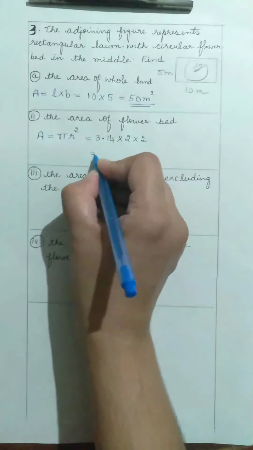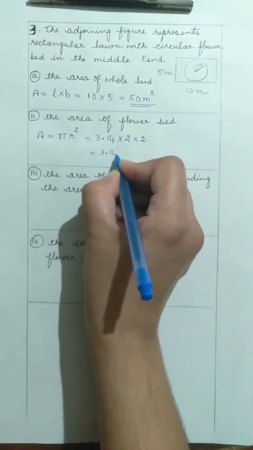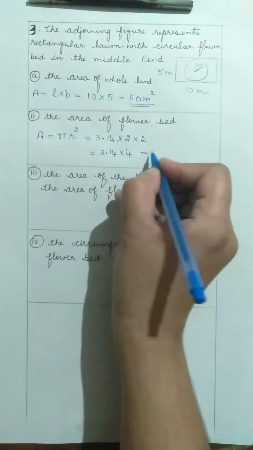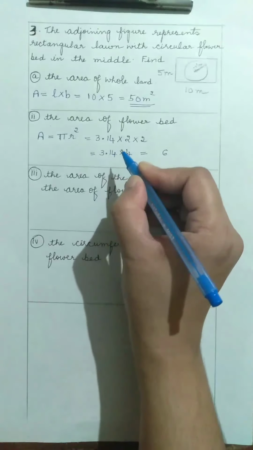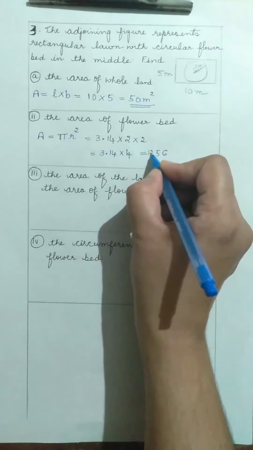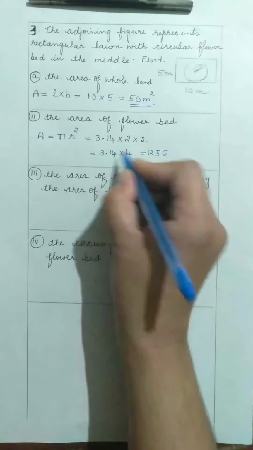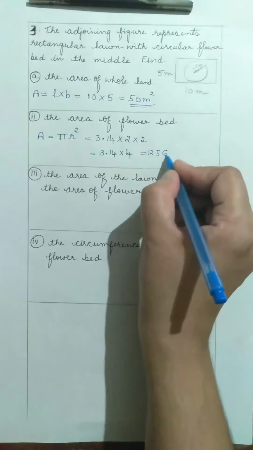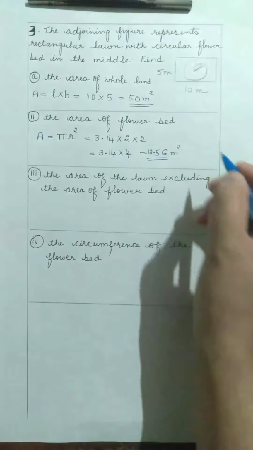On further simplification, 3.14 into 2 2s are 4, 4 4s are 16, 1 is remaining, 4 1s are 4, 4 plus 1 is 5, 4 3s are 12. After the decimal point we have 2 digits, so in the answer, from the right side, after 2 digits, place the decimal point. Therefore, the area of the flower bed will be equal to 12.56 meter square.